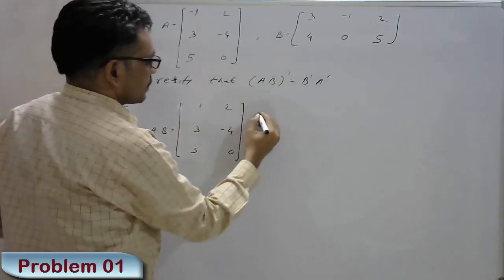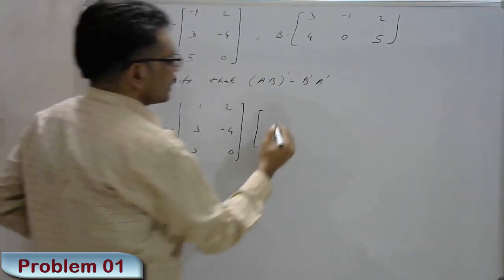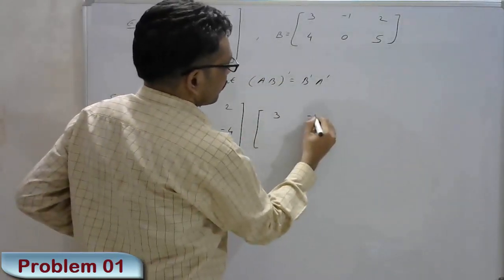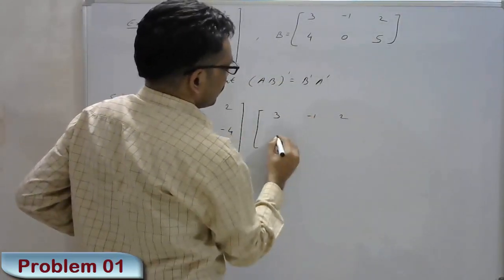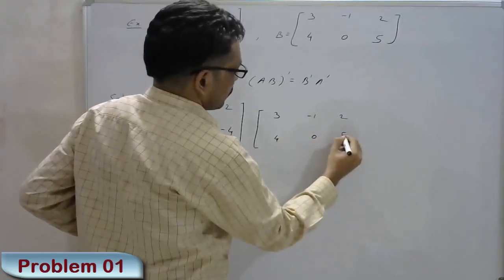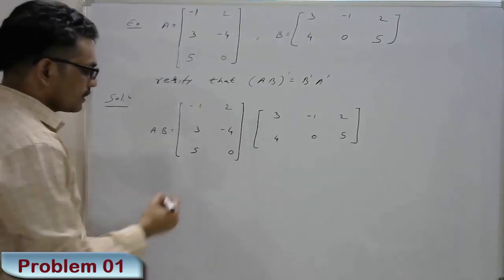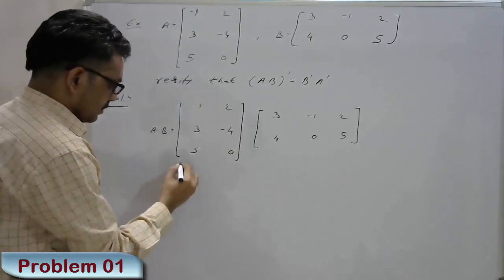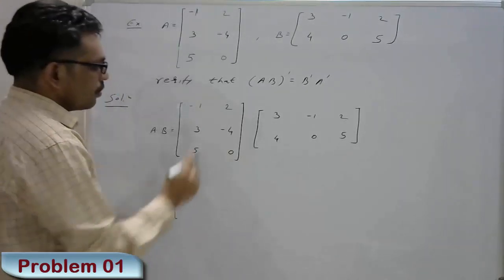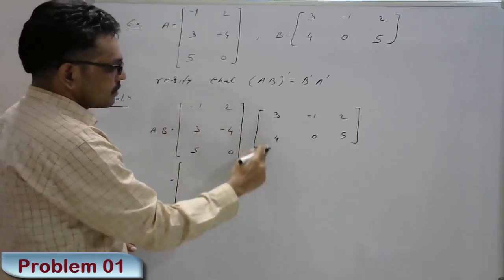Matrix B, row wise elements 3, -1, 2, 4, 0, 5. Product of two matrices: now multiply the first row by the first column.